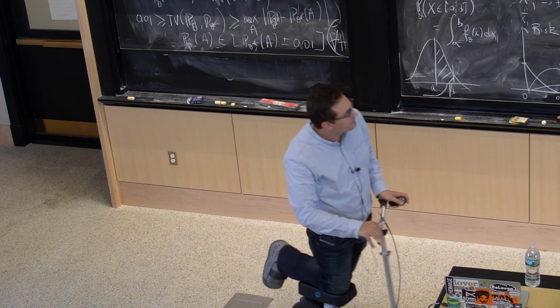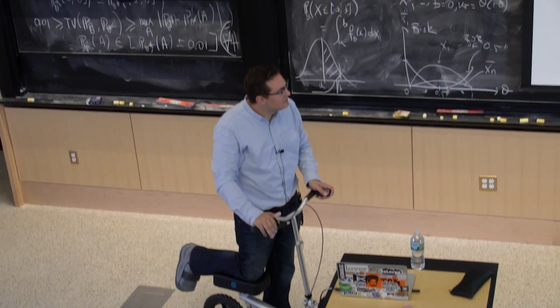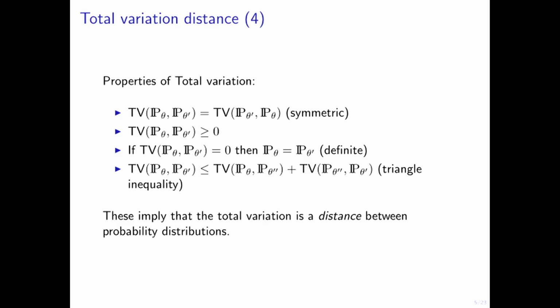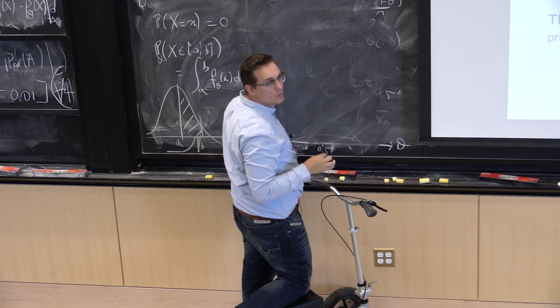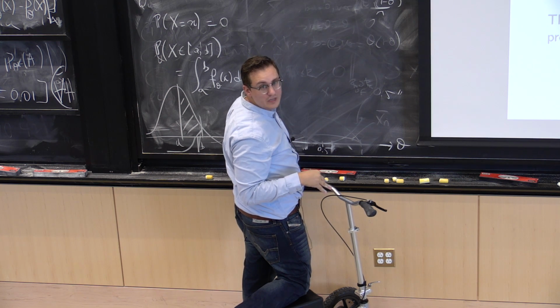All right, so the total variation has some properties. Just so, let's keep on the board the definition that involves, say, the densities, okay? So think Gaussian in your mind, and you have two Gaussians, one with mean theta and one with mean theta prime, and I'm looking at the total variation between those two guys.